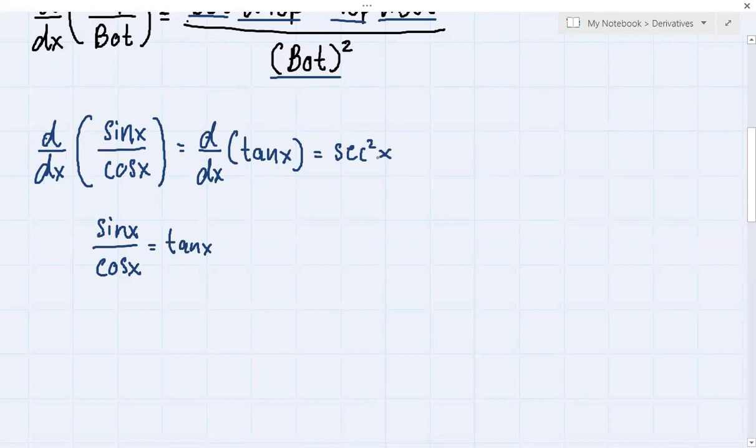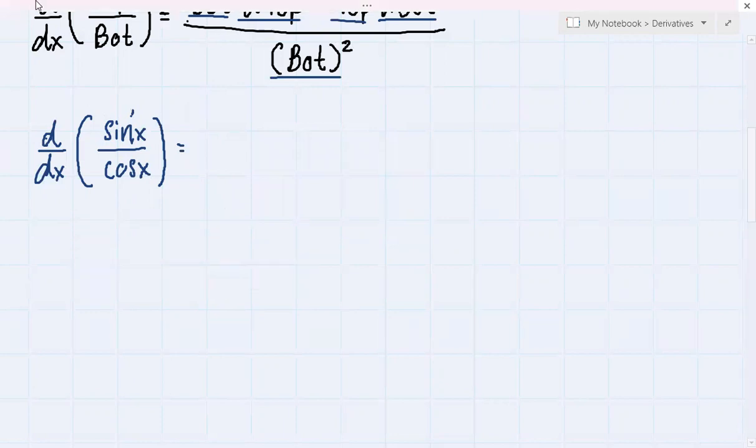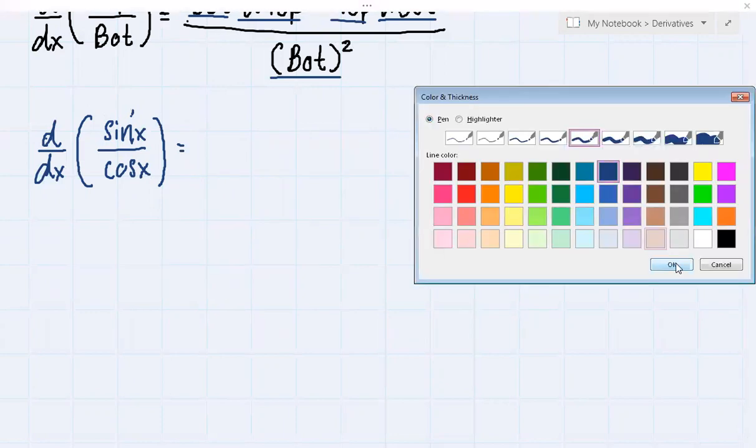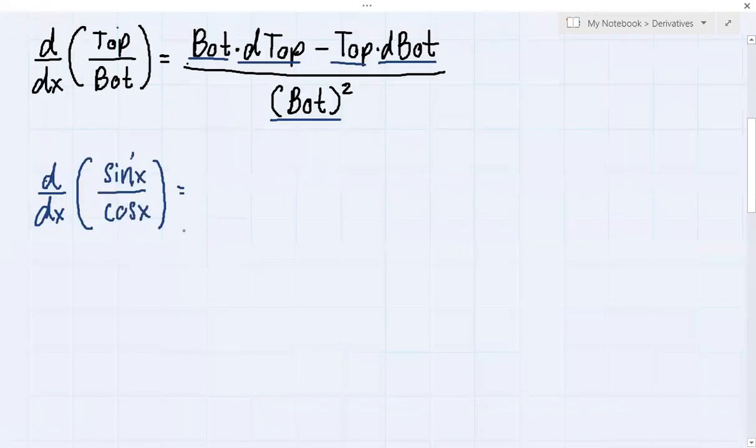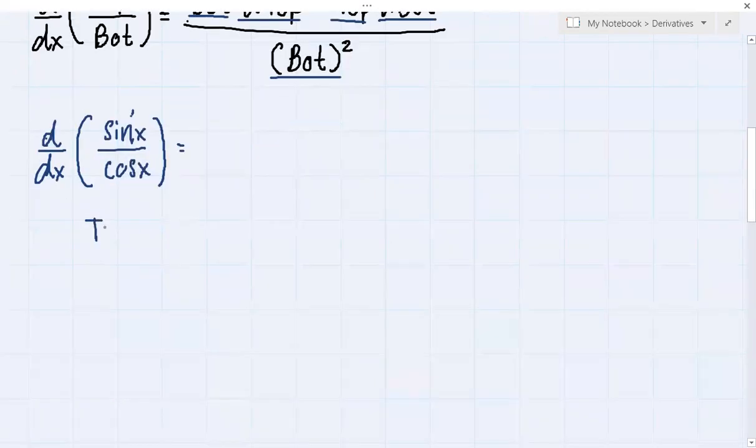Okay. Now, let's try to use this expression instead. Instead of converting this one to tangent x, why not let's use this one? Okay? And since naka-fraction type siya, so we can use quotient rule of differentiation. Okay? So, let's now apply the quotient rule. So, syempre, yung nasa taas or nasa top, siya si sin x.